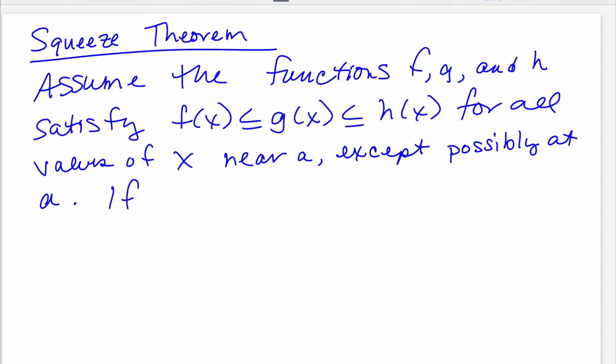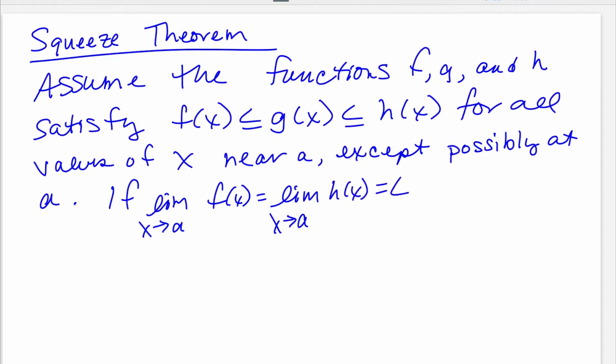If, and here's the kicker, the limit as x approaches a of f of x equals the limit as x approaches a of h of x, which is L, then the limit as x approaches a of g of x also equals L.